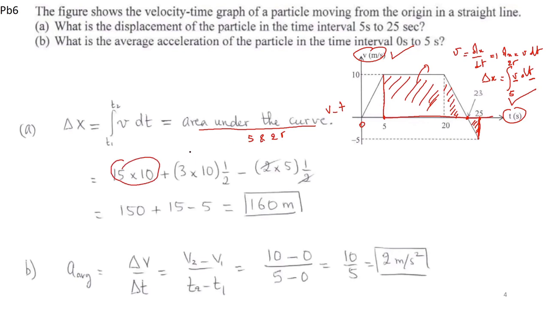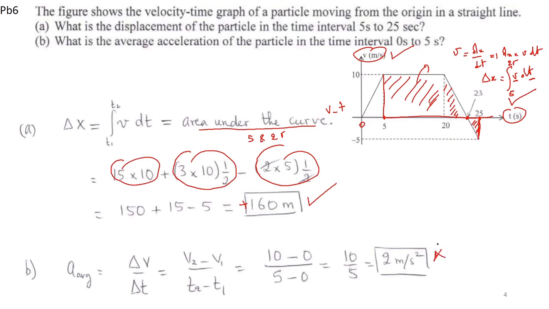The area of the second triangle is positive, and it's this 15. The area of the third triangle is negative, is this, and you get your displacement. So between 5 and 25, I cover a displacement of plus 160 meters. Average velocity, I already talked about it, so I will just skip it.